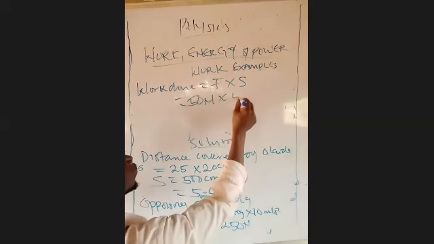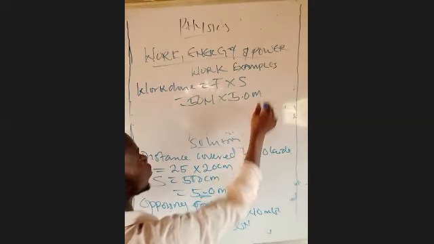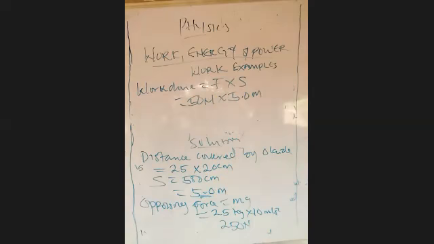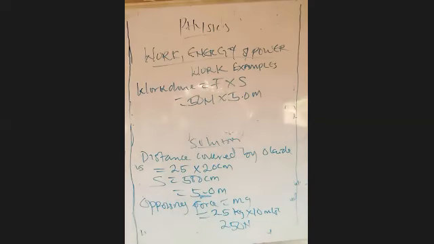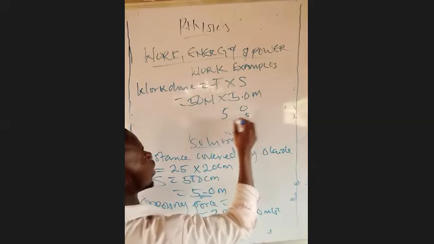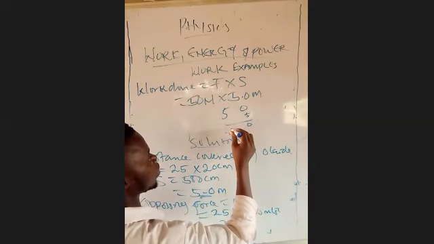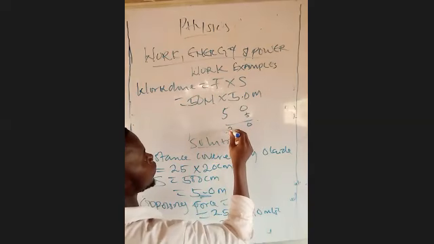Our distance is 5.0 meter. Now 50 times 5 will give us something. 5 times 0, 0, 5 times 5, 25.